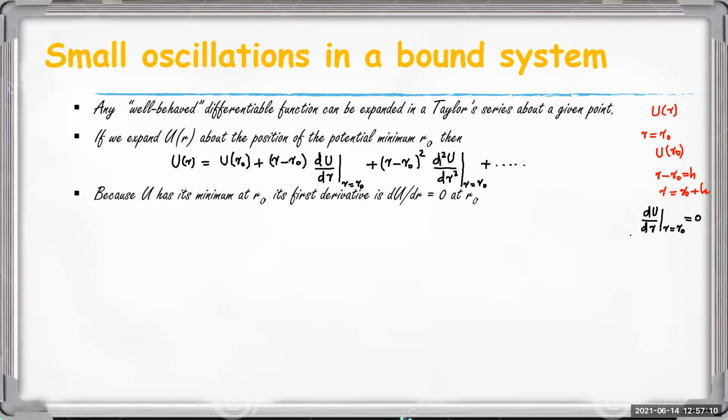Because u of r0 is minimum, the potential energy is minimum. Du by dr must vanish for a maximum point and a minimum point. Here it is a minimum point.